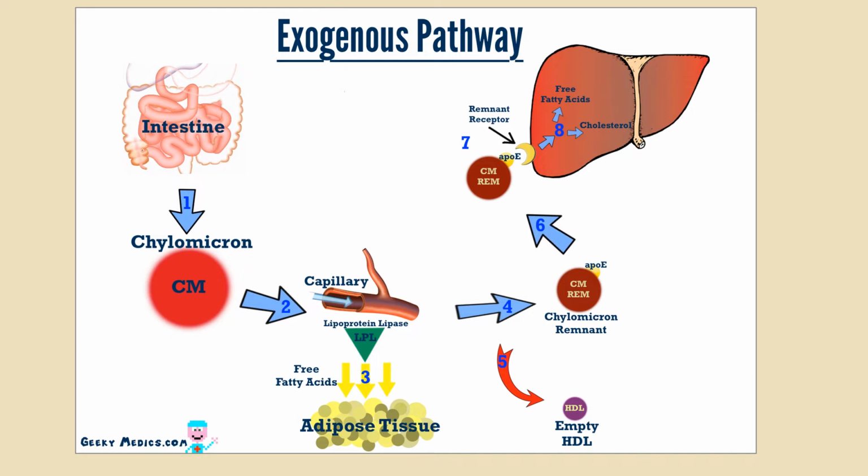Then the shell of that chylomicron, the chylomicron remnant, will travel and dock with liver cells, and the liver cells will take in the shell of that chylomicron and the phospholipids and the apoproteins and make use of those molecular building blocks. Those molecular building blocks will be recycled.